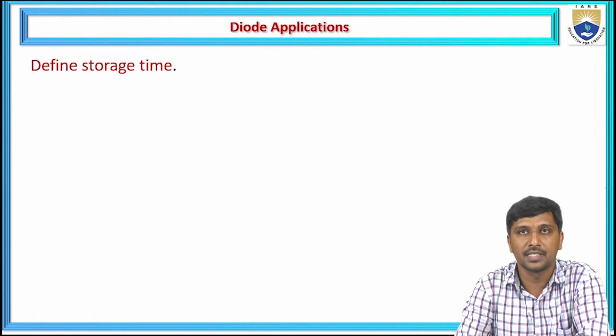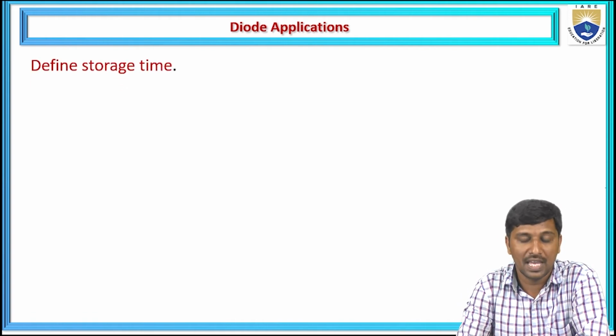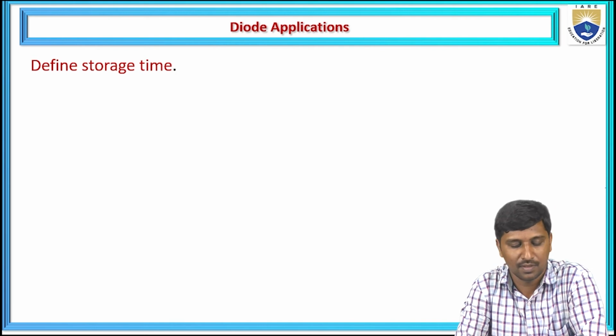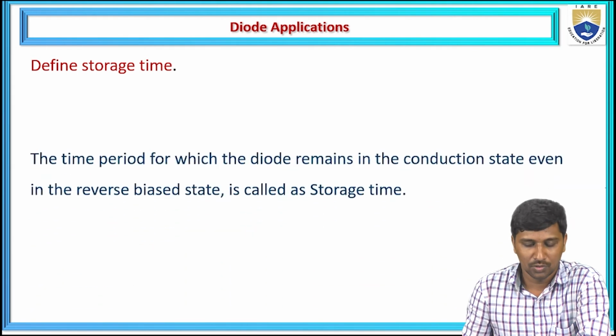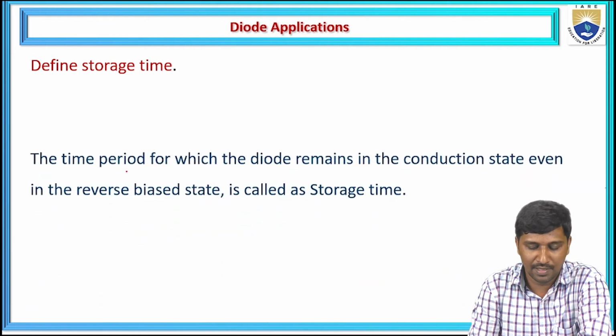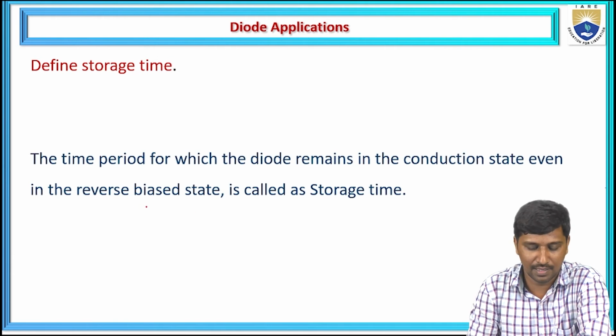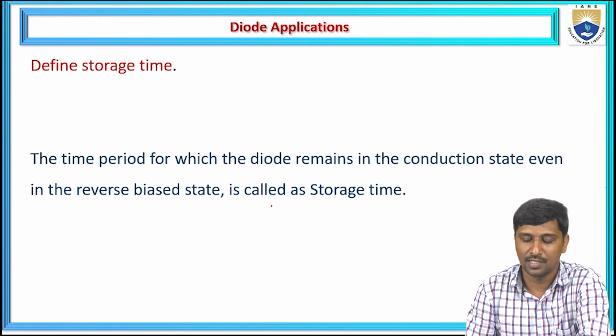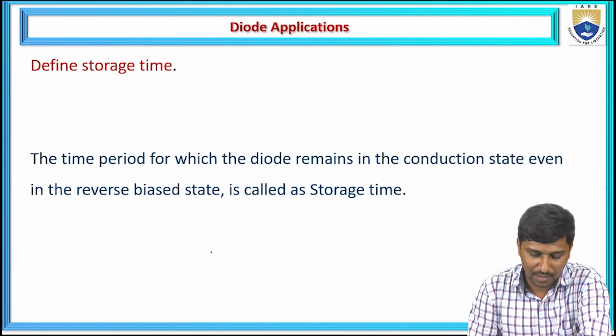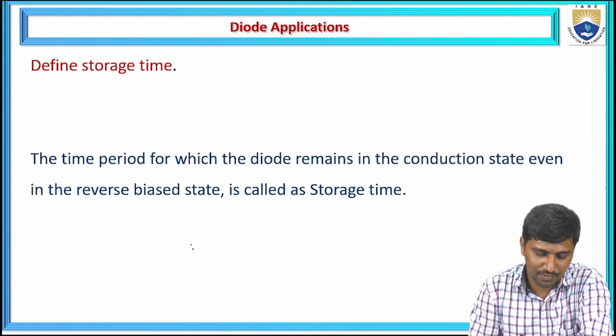Then define storage time. We have the diode switching times: storage time, rise time, fall time, like that. Here the storage time is the time period for which the diode remains in the conduction state even in the reverse biased state. Let's assume the diode is on.